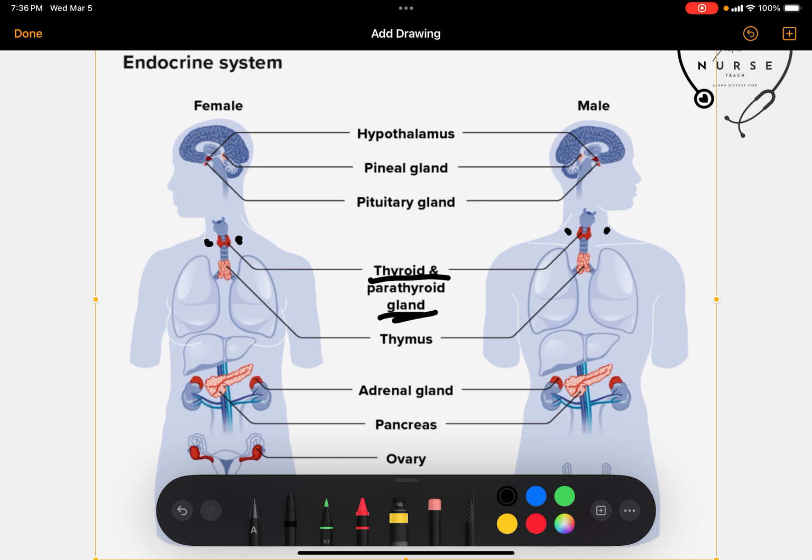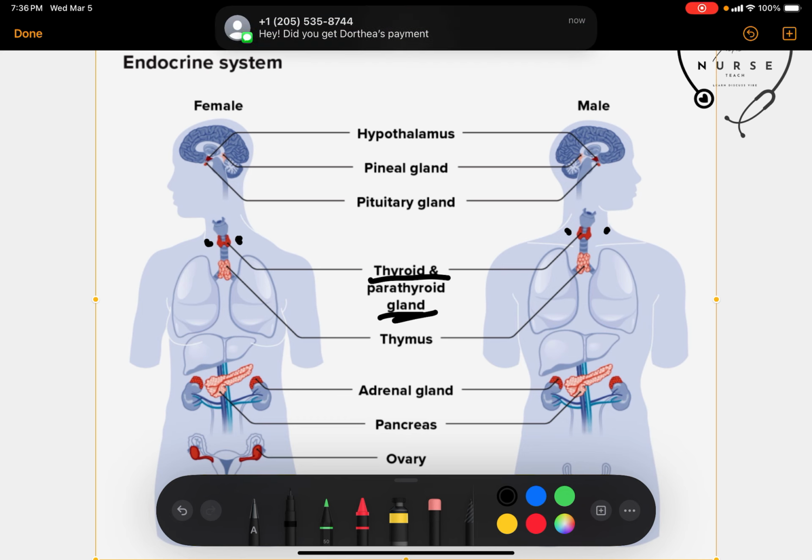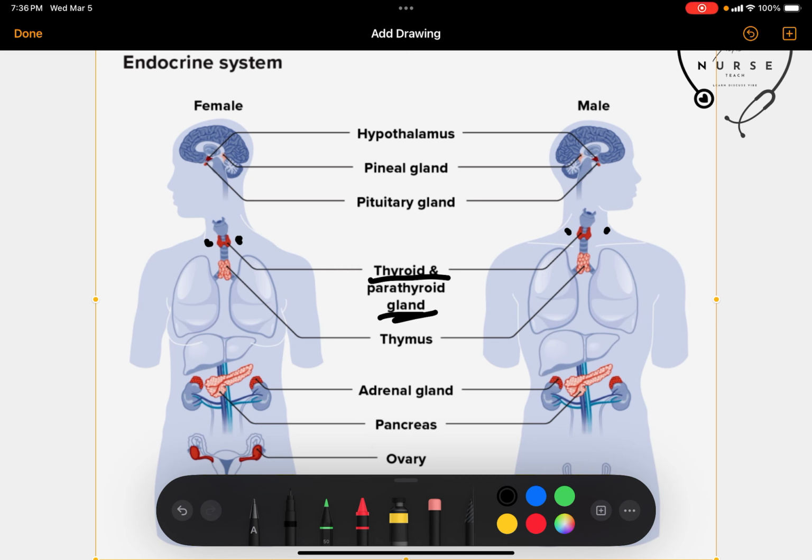Now, one thing also, in addition to allowing the body to regulate the calcium levels, we know that calcium also loves a good vitamin D, right? So the parathyroid hormone stimulates the renal conversion of vitamin D to its most active form. And this form of vitamin D promotes absorption of calcium and phosphorus by the GI tract.